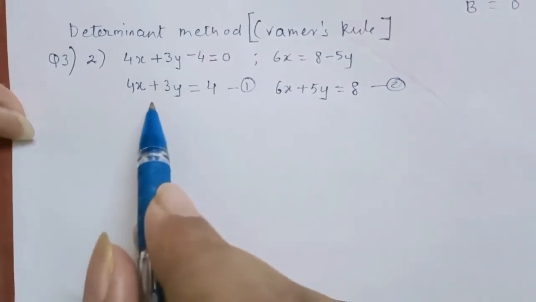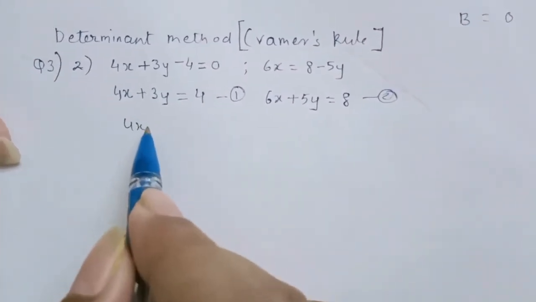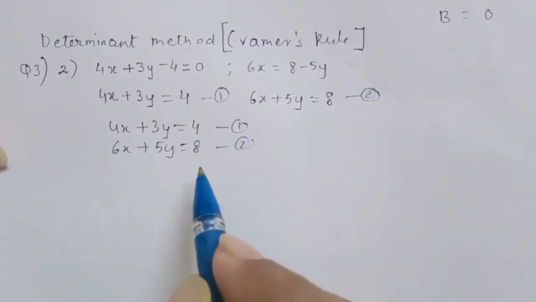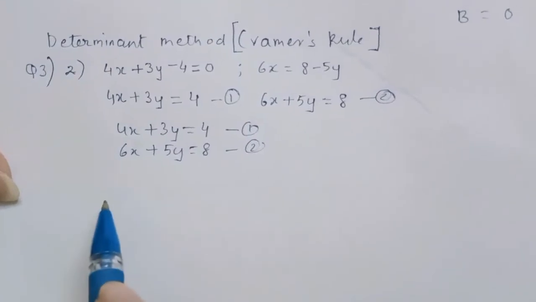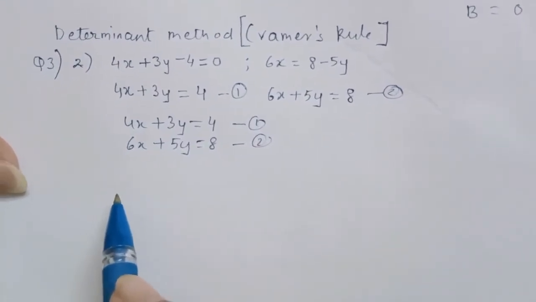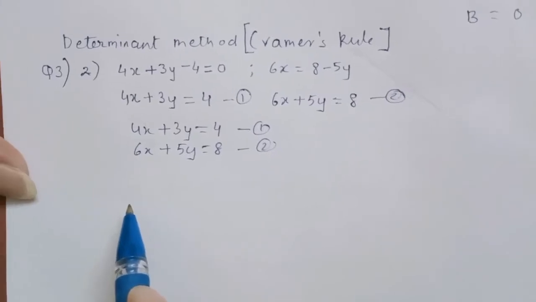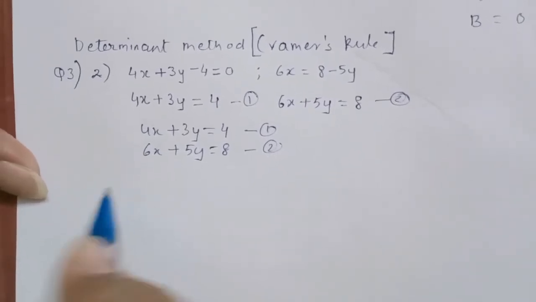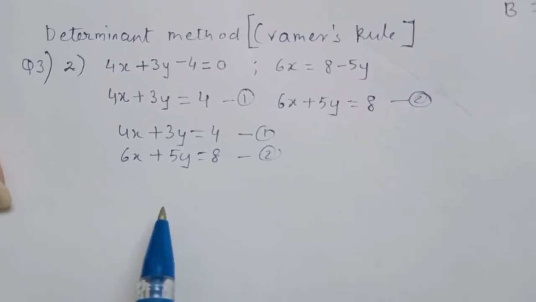Write these equations one upon the other. Here we have to find three determinants: determinant d, determinant dx and determinant dy.